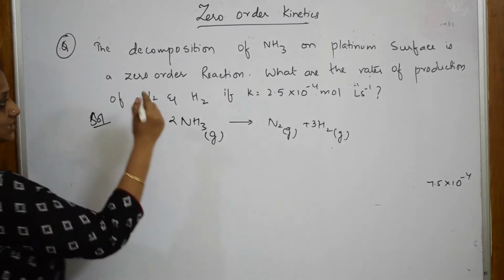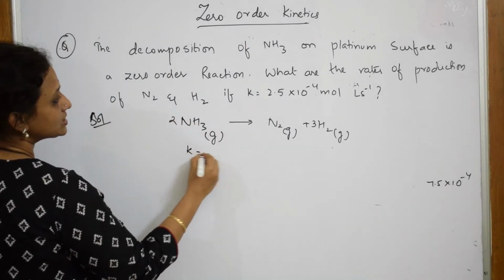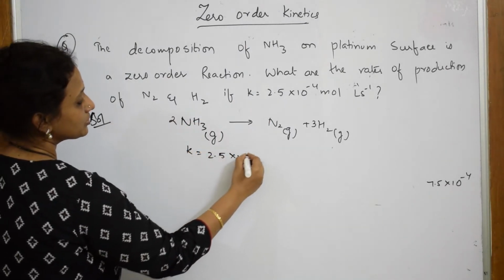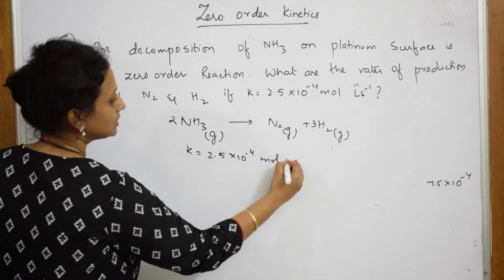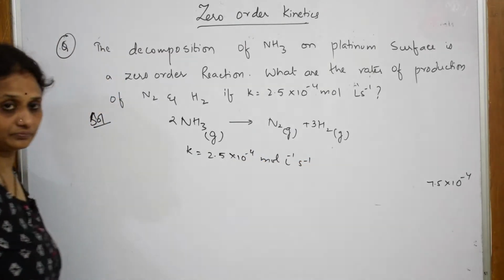Now, what did they say? How much is the rate constant? K is equal to 2.5 into 10 to the -4 mole liter second inverse.